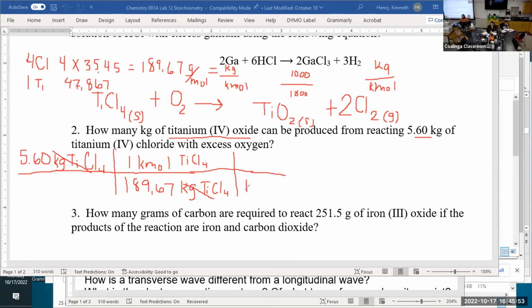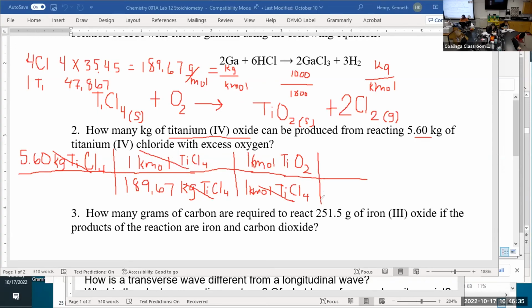So for every 1 mole of titanium chloride, I can make 1 mole of titanium oxide. So then the moles of titanium, or you can also use kilomoles, the kilomoles are going to cancel out.